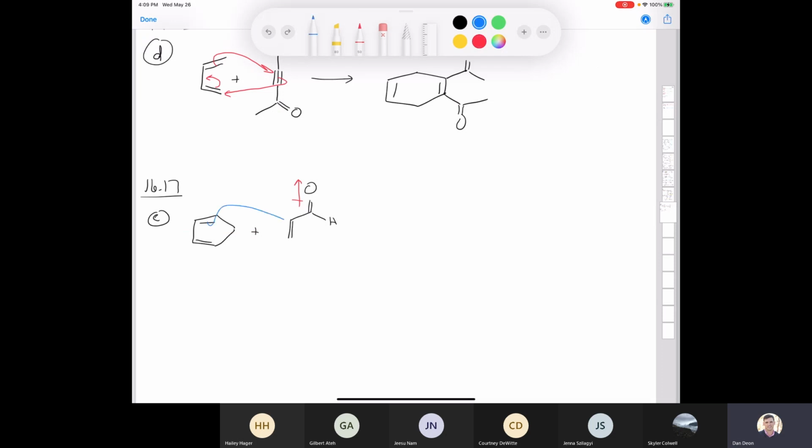But I wanted to cover this one because now we're going to form a bicyclic product. Right, we're going to form a new sigma bond there, a new sigma bond here, and a pi bond like that. So it might take some practice to draw these bicyclic products. So you have the 5-membered ring, which is going to look something like this. And you have the 6-membered ring, which will look something like this. And then you have this position going up, right?